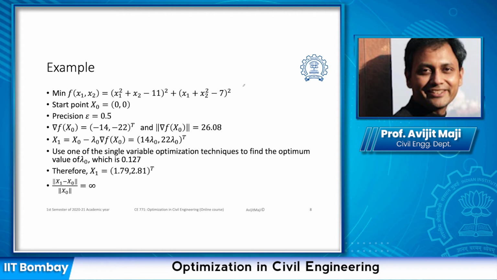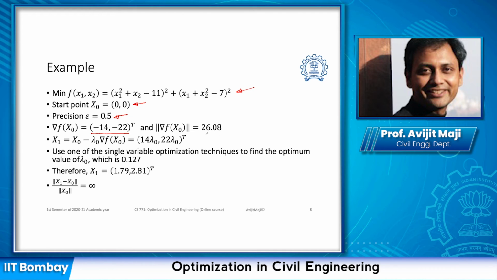We have chosen this example, the same example which we used for the last few algorithms. We have chosen the start point as 0, 0 and the precision value as 0.5. Now at the point 0, 0 we can find the gradient, and it is going to be negative 14 and negative 22.